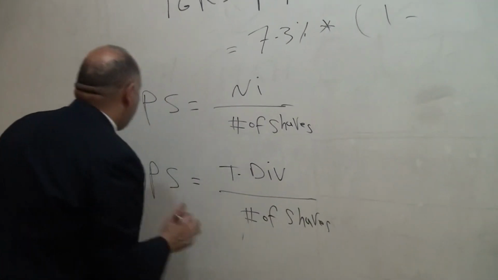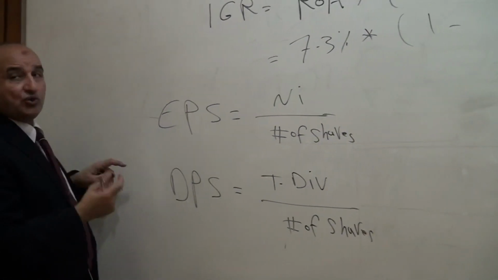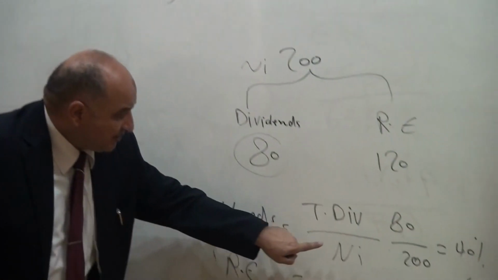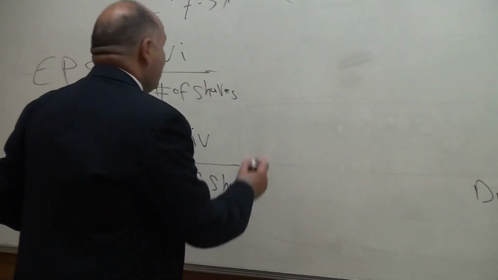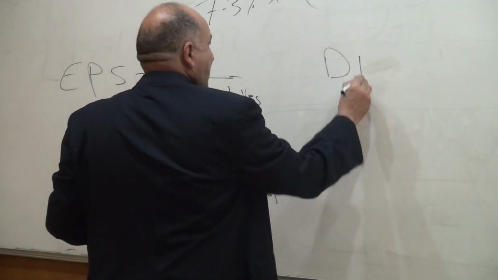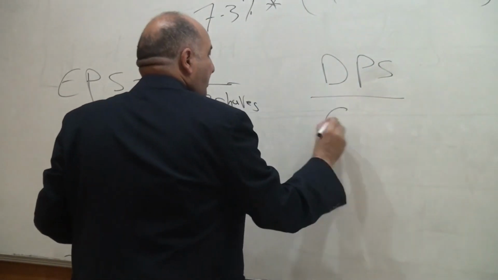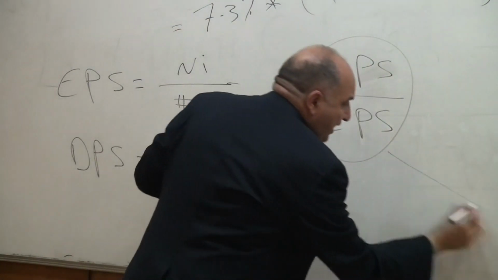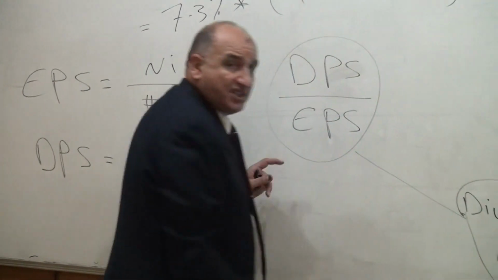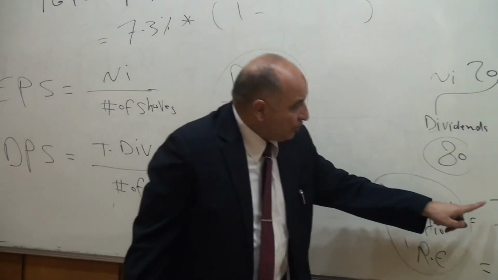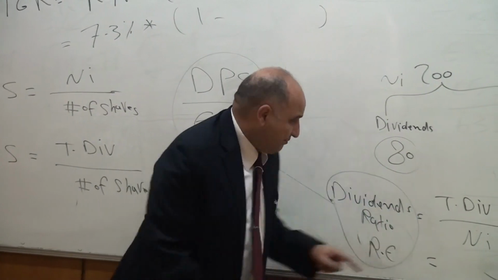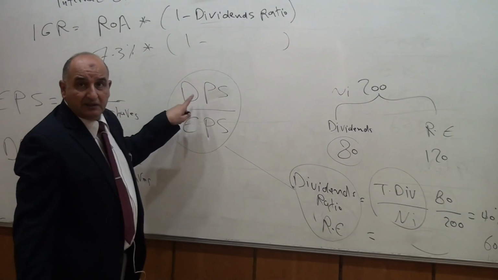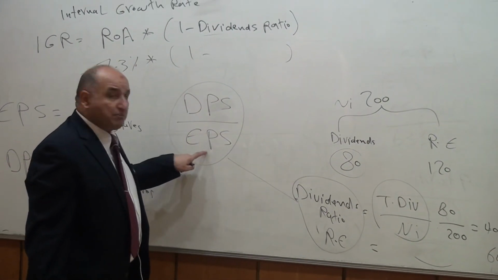So, with this information, it's easy to get the dividends ratio, not by dividing total dividends by net income, but you can calculate it by dividends per share divided by earning per share. So we have two ways to calculate the dividends ratio. By taking total dividends divided by net income, if you have this information, or by taking dividends per share divided by earning per share.